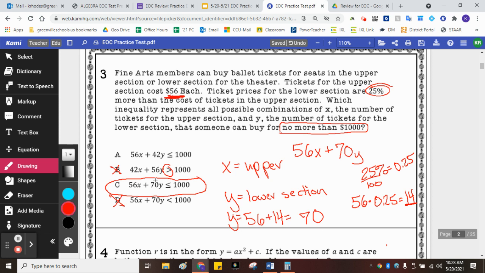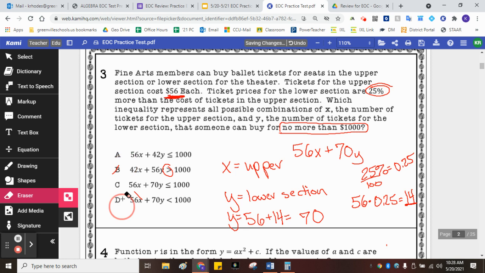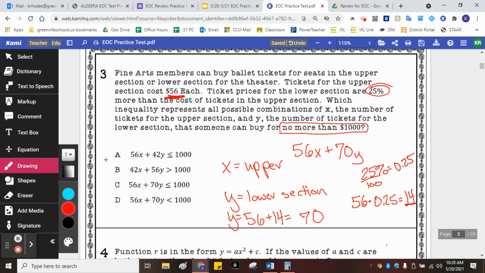All right, just test taking skills. If you had absolutely no idea how to do this question and you only looked at the answers, it's obviously C. We worked it out and found out it's C. But if I was just looking at the answers, I don't even know what the question says. 56x, 56, 56x. This one's 42. That's probably not right. 42y, 70y, 70y.